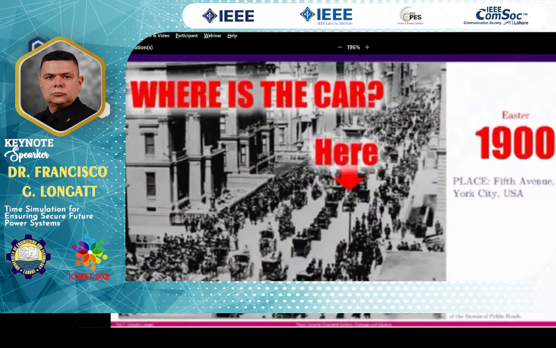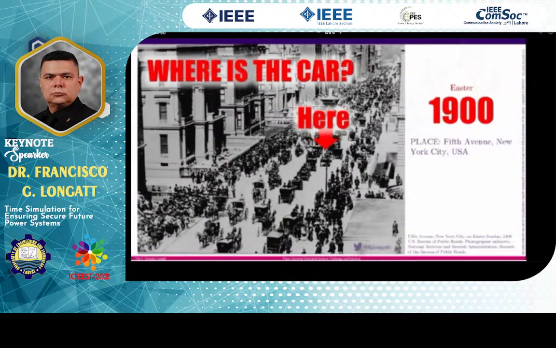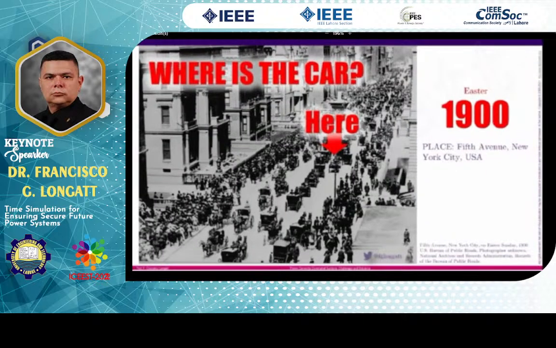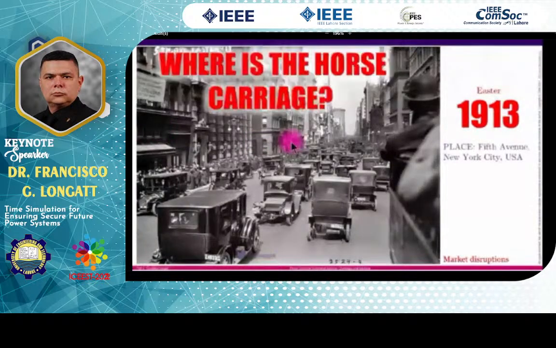But now I would like to show this scene, but 13 years later, in 1913, this is again the same location. We are talking about the famous Fifth Avenue in New York City, in United States of America. And even is almost the same date. We are talking about the Sunday Easter on 1913. But now you are wondering, where is the horse carriage?